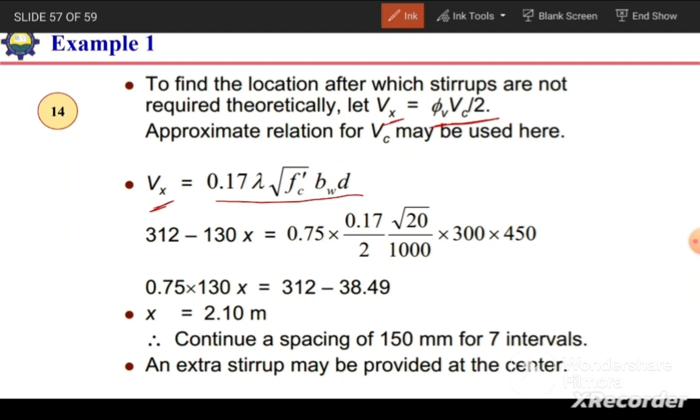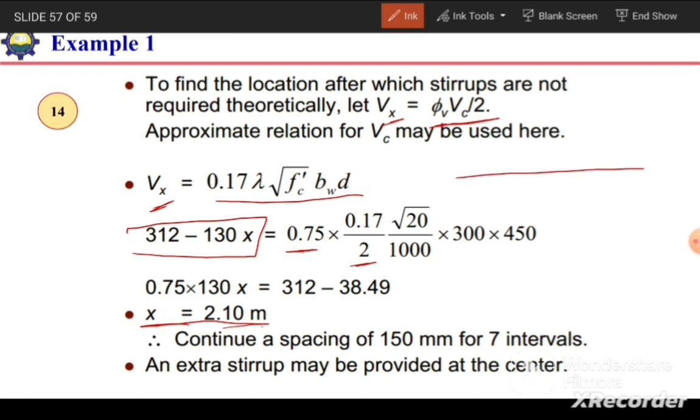And this Vu, we have already derived this equation in the very first step, so 312.130x will be equal to 0.17 lambda square root fc prime bw, multiplied with the phi factor and divided by 2. So from here we can calculate the value x, which is equal to 2.10 meter. So at this location theoretically no stirrups are required.